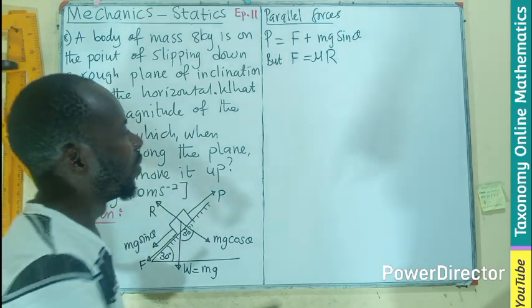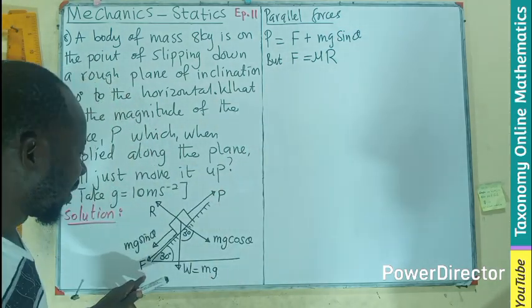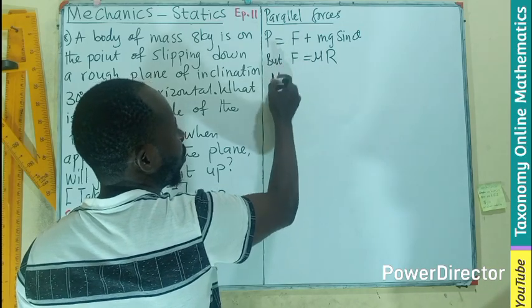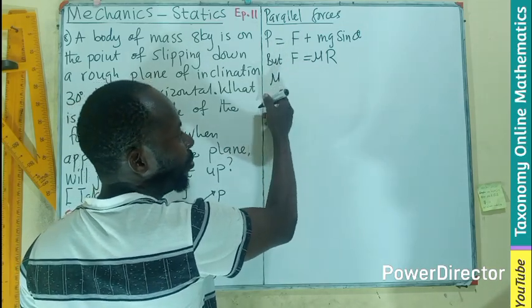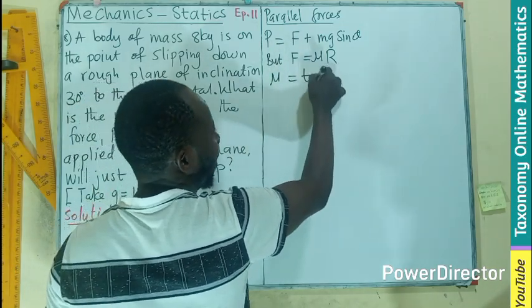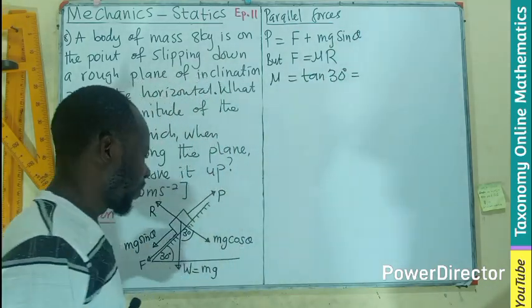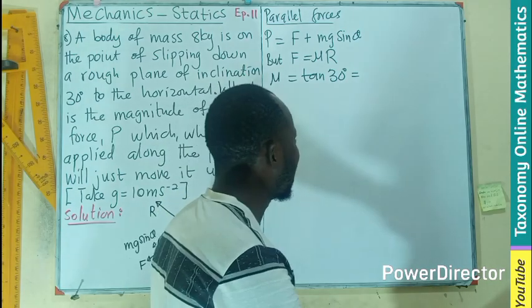If the angle of inclination is given as 30, that means the coefficient mu equals the tan of the angle, which in this case is tan 30. So I can find mu easily.